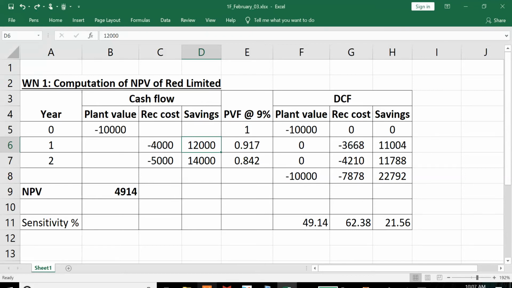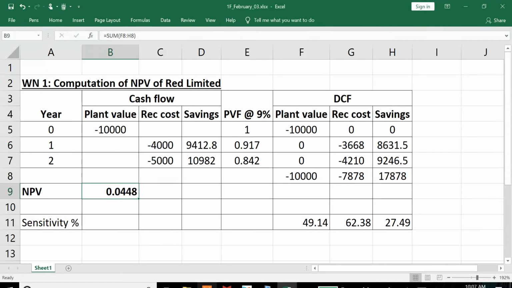But if the fall happens beyond that, project can't take that into consideration. It can absorb a 21.56% fall. When it falls by 21.56, you generate 0 NPV.